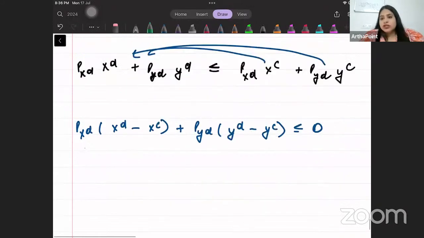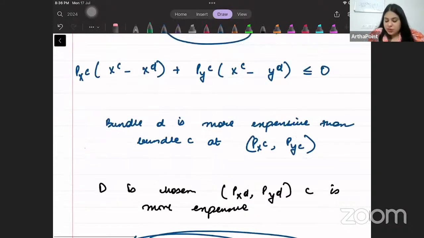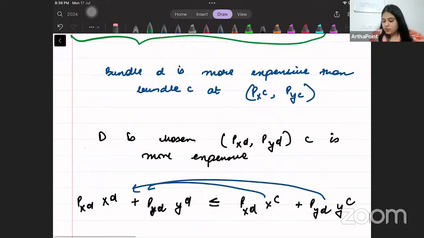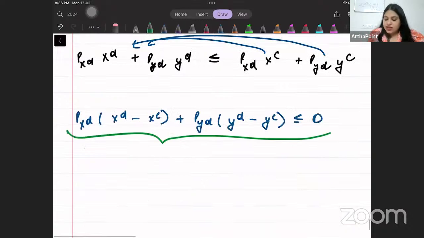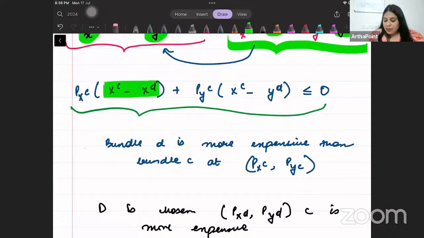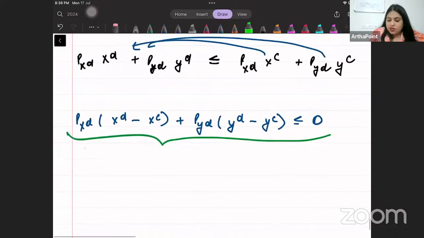Okay, so I have got these two equations now. This is the first equation. This is the second equation. Look at this carefully: here also XC minus XD is coming. If I take the negative sign out here, then this will also be XC minus XD.